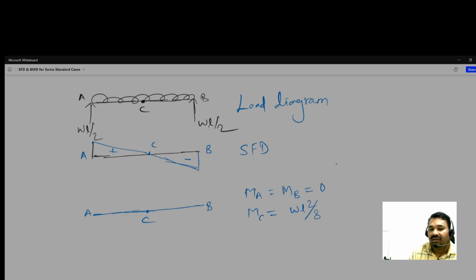Okay. So following this, what will be our bending moment diagram? At C it has some height, the magnitude of WL square by 8, and at A it is 0, at B it is 0. And is the value increasing or decreasing in between?